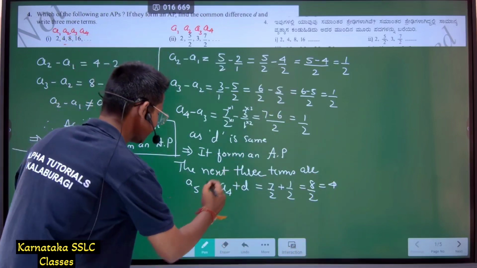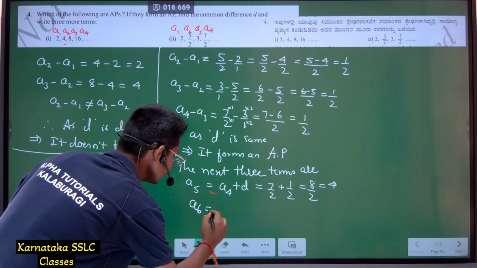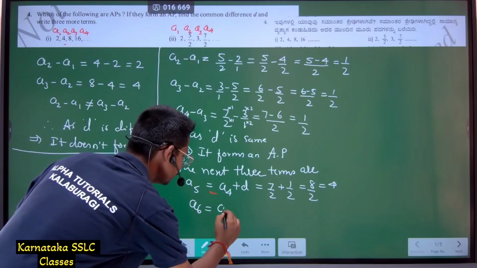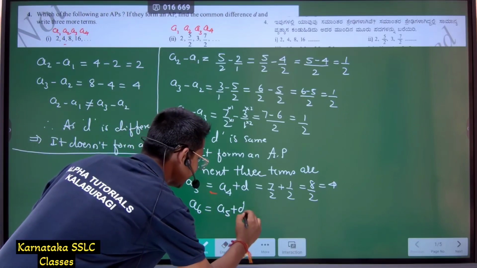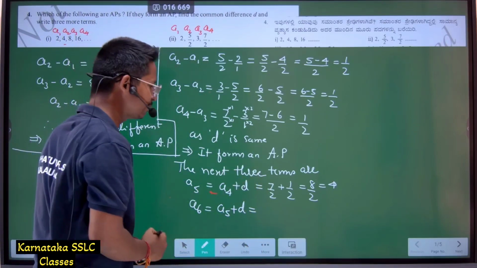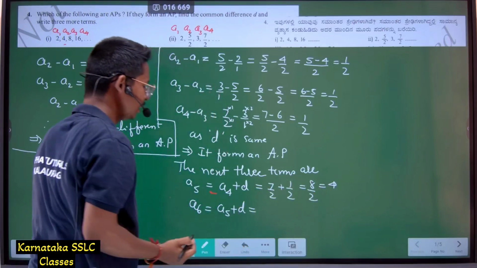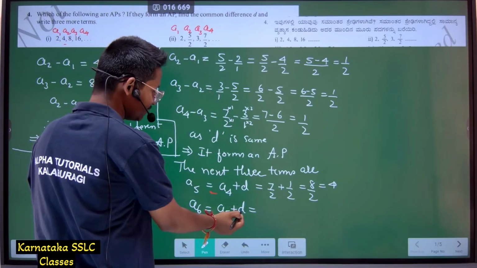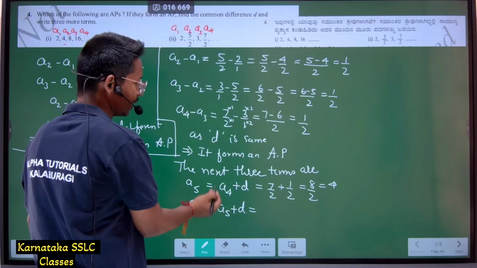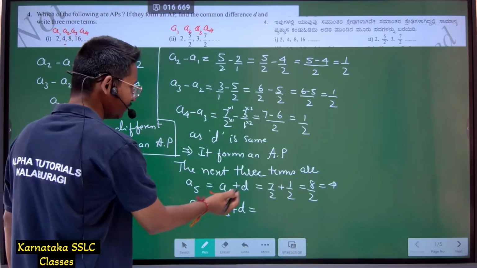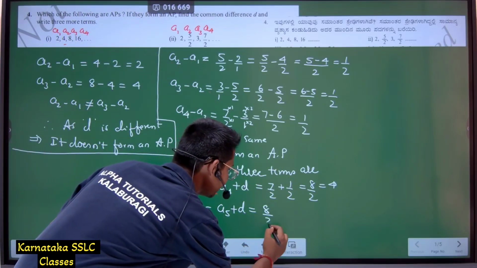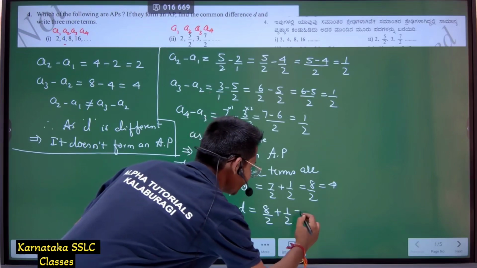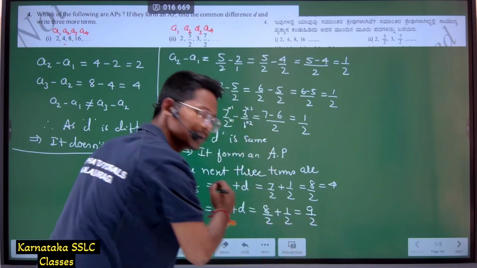Okay, similarly I'll find a6. How to find a6? You can make use of its previous term and add common difference. What is a5? Just now we got 4, but however D is in fraction, so a5 also I write in a fraction. A5 in fraction form is 8 by 2 plus common difference 1 by 2, so it is 9 by 2, isn't it?